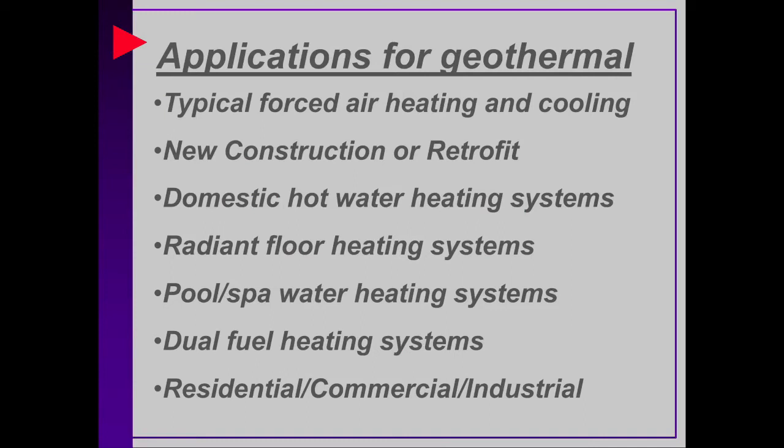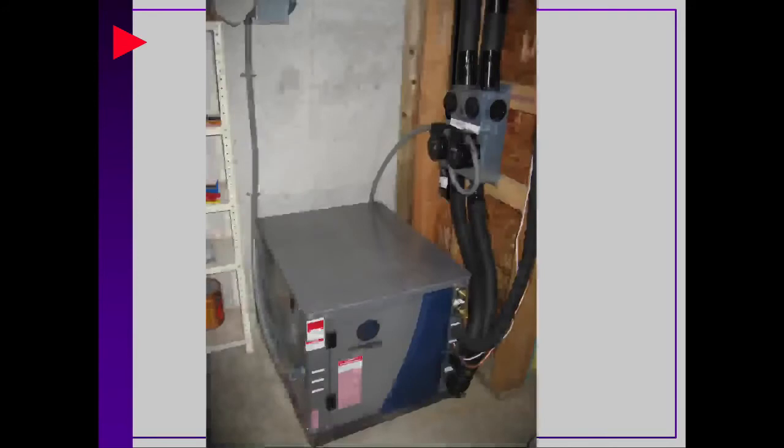Radiant floor systems work quite well for geothermal. That's a huge application out in Colorado. They do a lot of in-floor heating. Works really, really well for that. Pool, spa, water systems, that's another way. Dual fuel systems, and then any residential or commercial application will work.